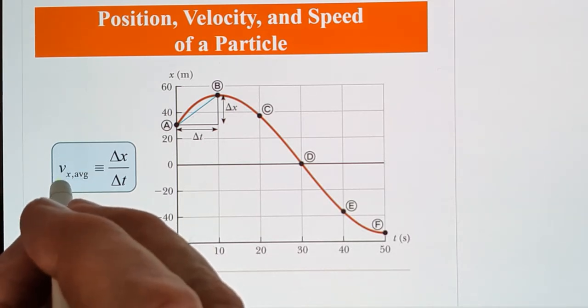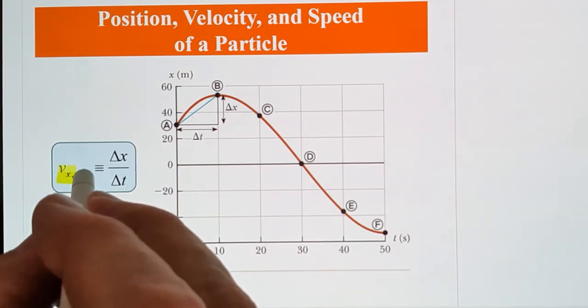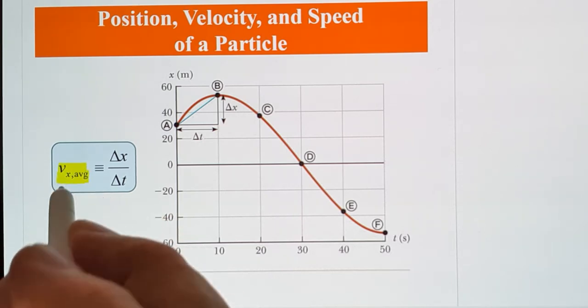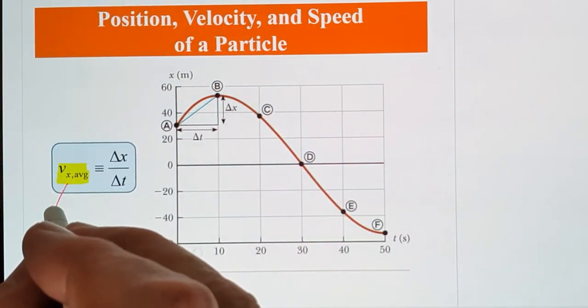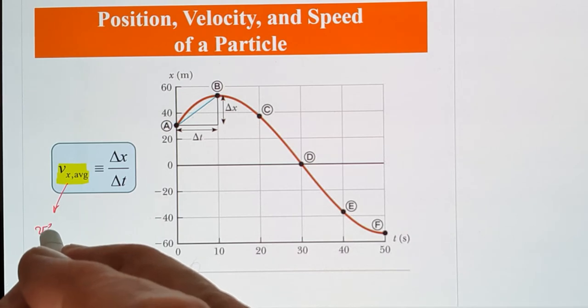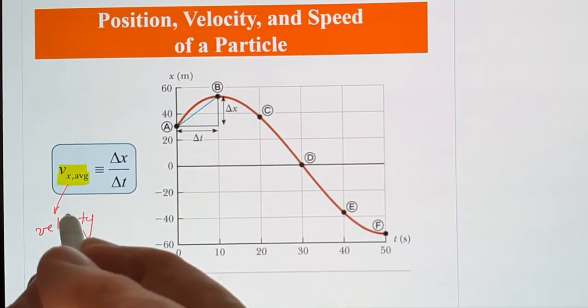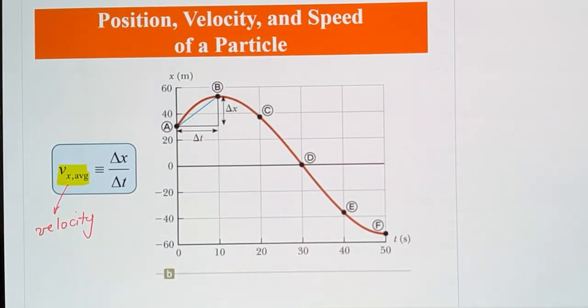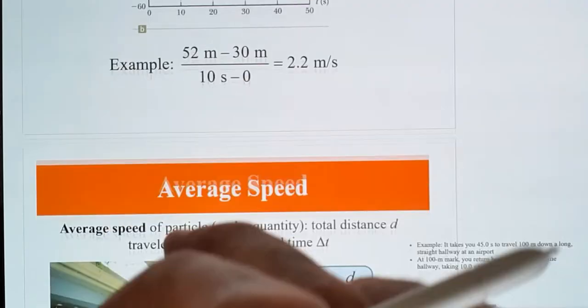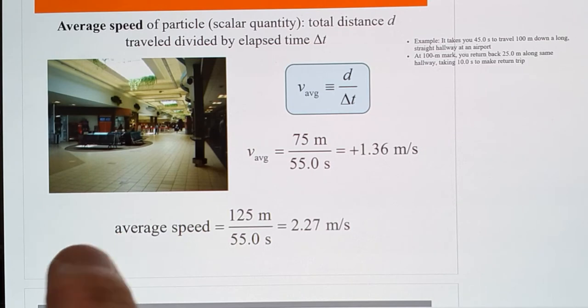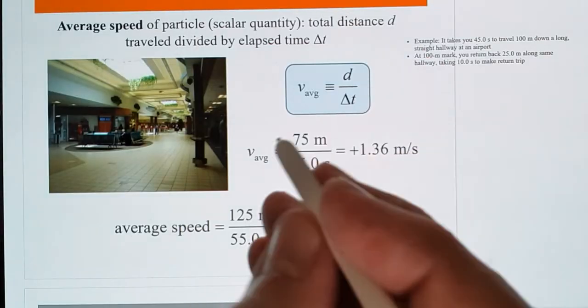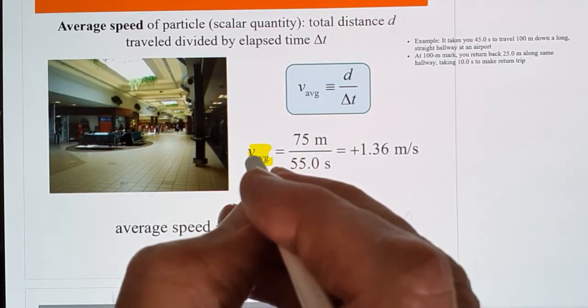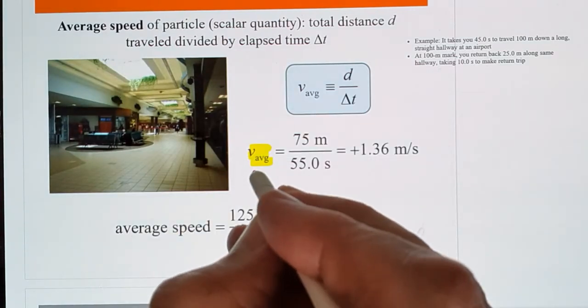When he writes the symbol like this, he means velocity. And when he's talking about speed, this is how he writes speed.